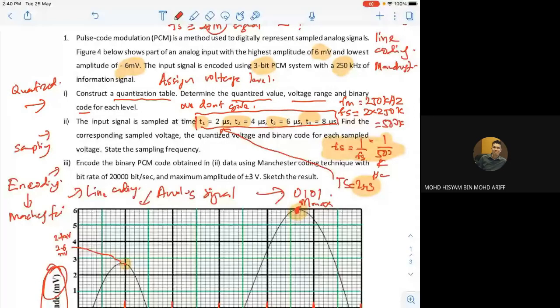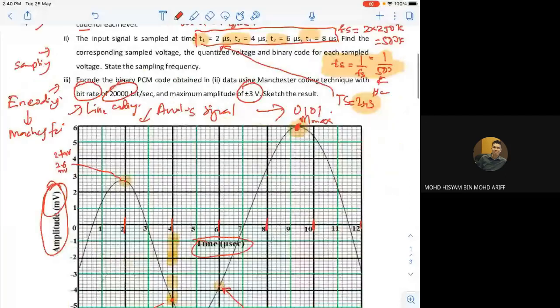Last time, you see there is a bit rate, 20,000 bits per second. Now there is one more thing: you see plus minus 3 volt. Sketch the result. It means you just draw the Manchester encoding.